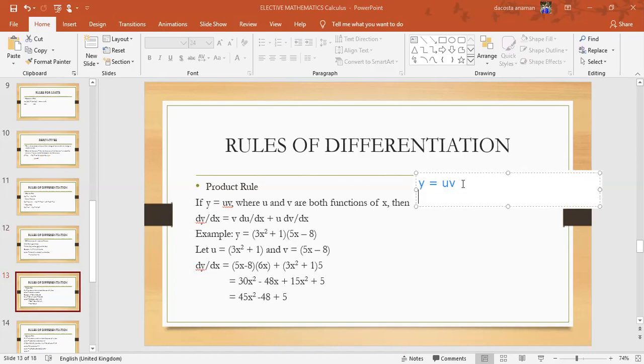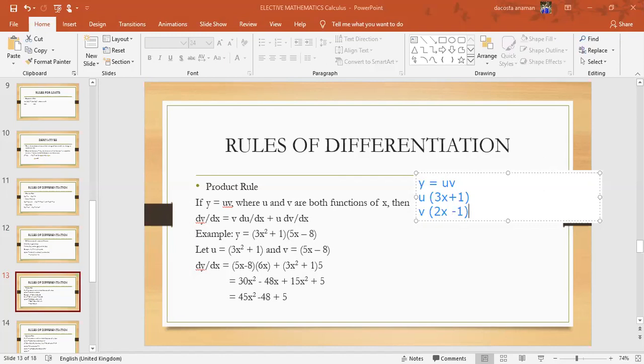Is that okay? So what you need to do here is that you will differentiate u with respect to x, because u will be a function. So let's take that u is a function, which is 3x plus 1. And v is also a function, which is 2x minus 1.